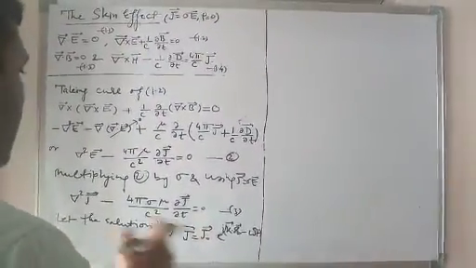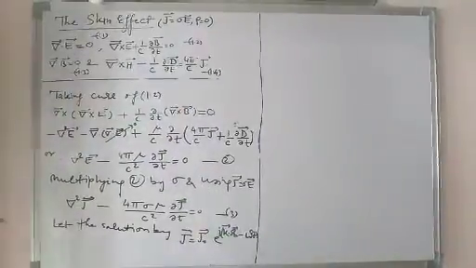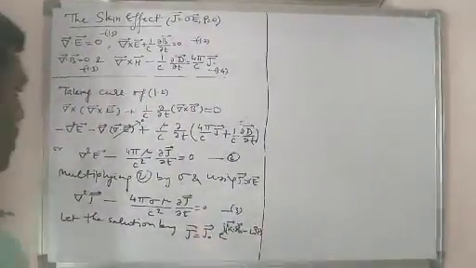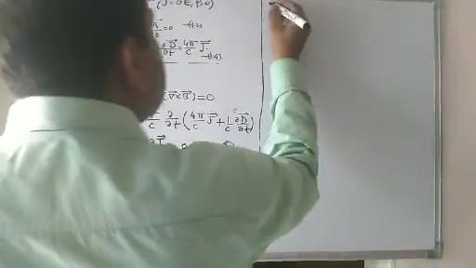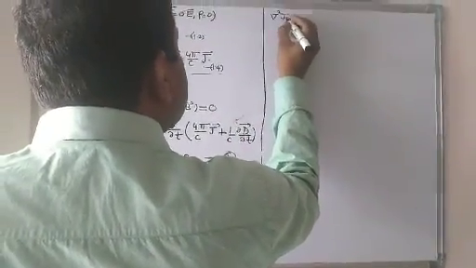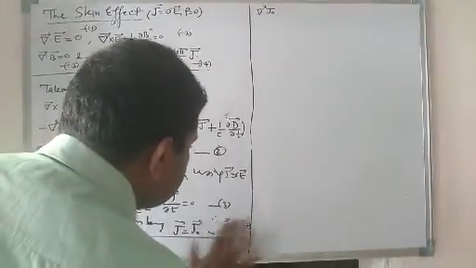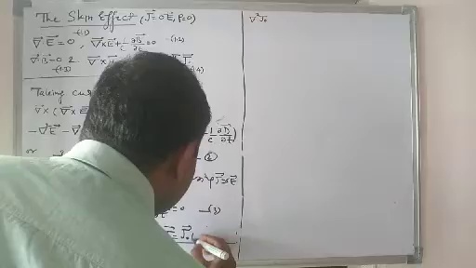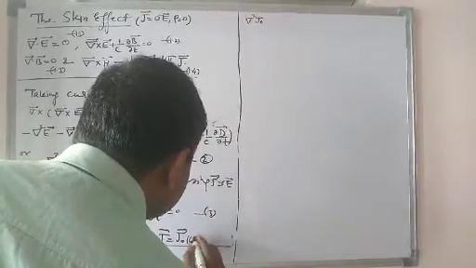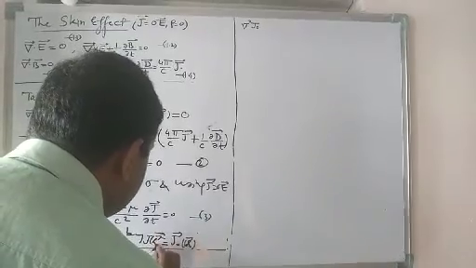If we do that and try to write this in terms of J0, let's first write the r dependence over here. So this is a function of r and t.